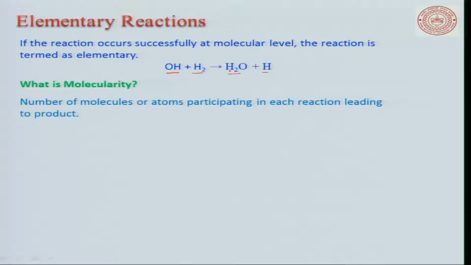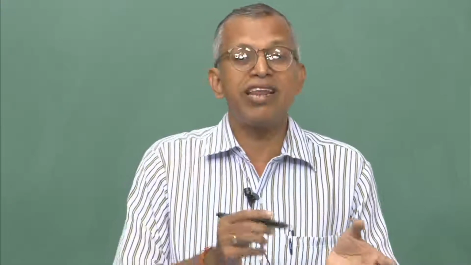That means, as I told, the number of molecules or atoms participating as reactants in each reaction leading to a product. In this example, OH is reacting with hydrogen, going to water and H. So the molecules are participating here and it is going to a product. Product means it need not be stable alone, it can be any other thing, right. That means there is a change.